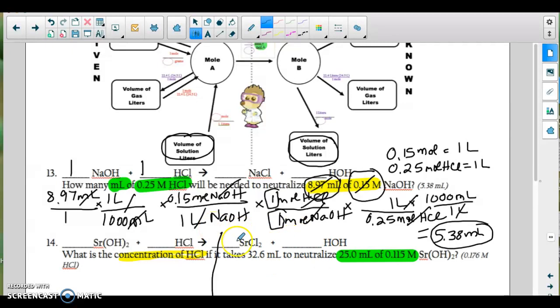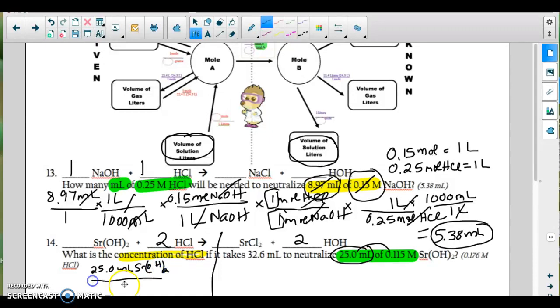First thing, you do want to make sure it's balanced. And then you're going to start with this volume that you know the molarity of: 25 milliliters of strontium hydroxide.